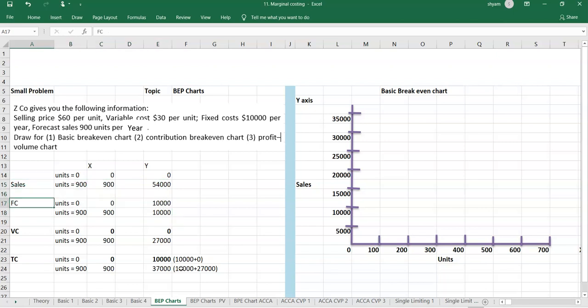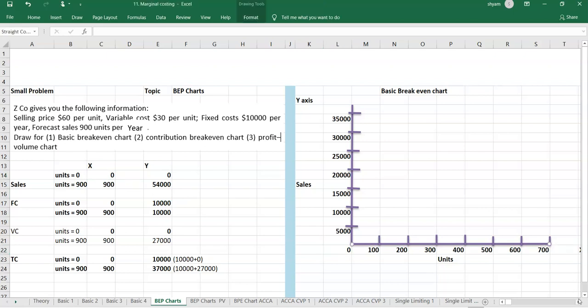So you don't show the variable cost. What we'll do is only bold the items that we are going to show. We have to show only 3 lines, so let's draw the 3 lines. To draw the chart, your numbers should go from 0 to 900. Units should be from 0 to 900.